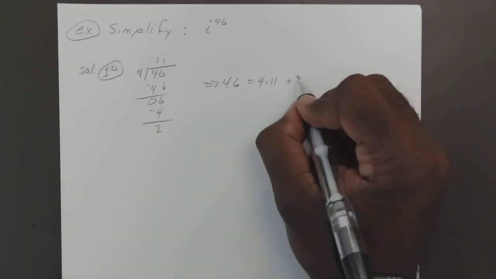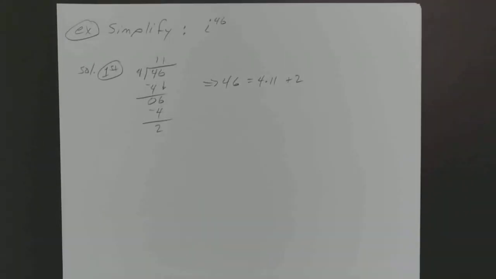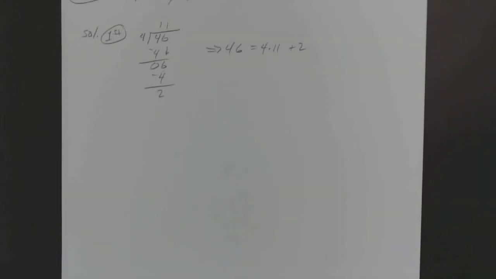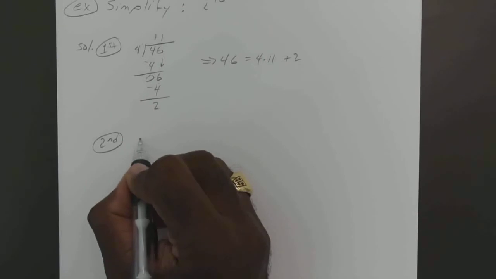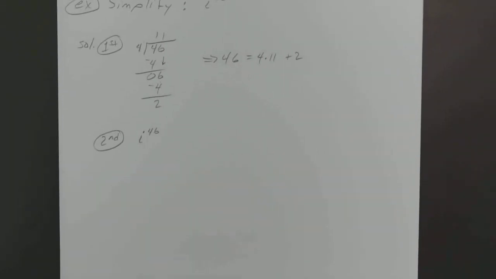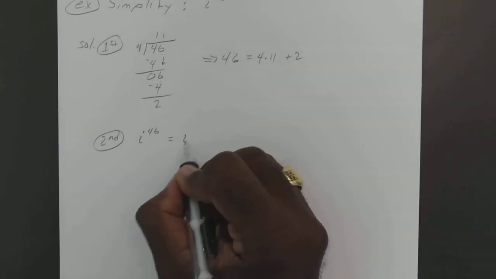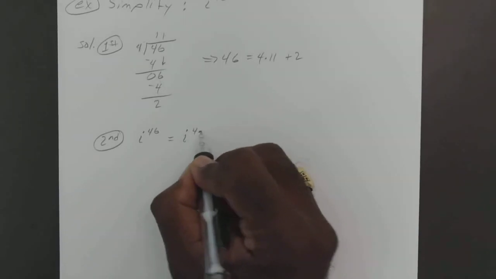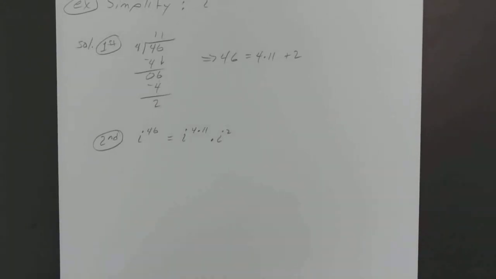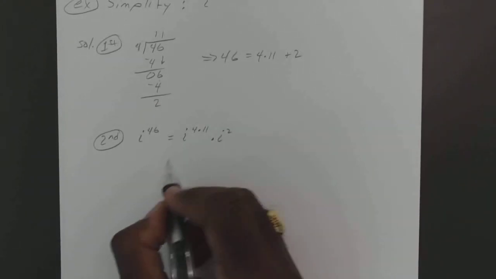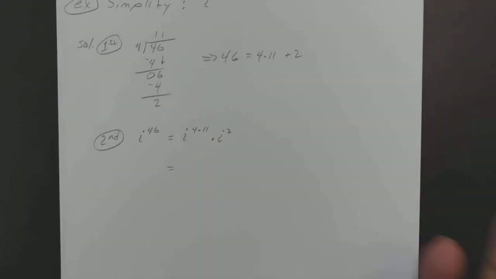So we know that 46 is equal to 4 times 11 plus 2. So now we can just go ahead and rewrite it. i to the 46th power will equal i to the 4 times 11 times i squared.